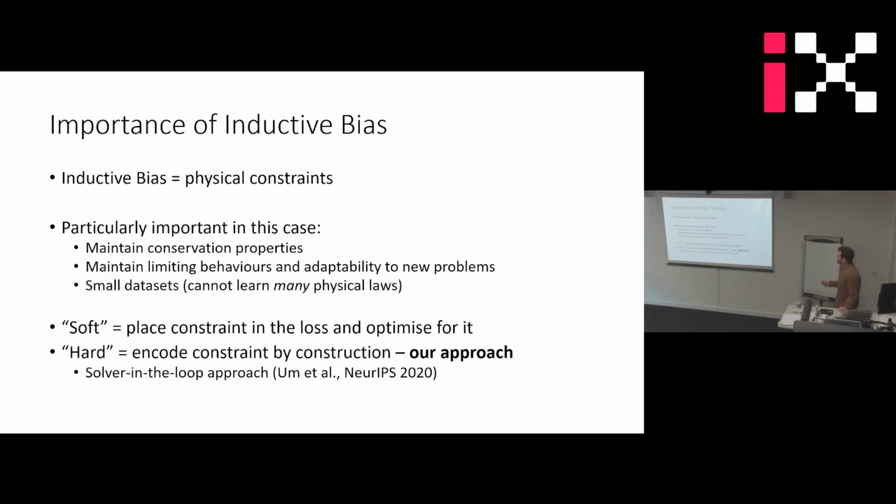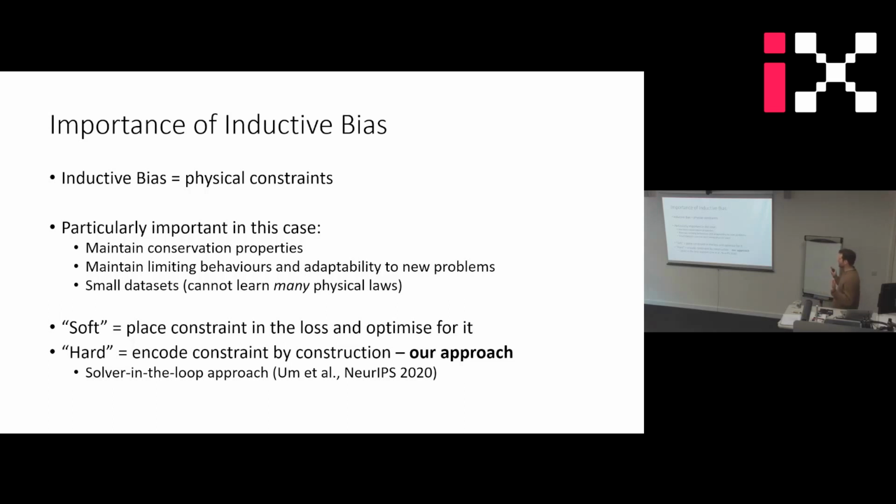If you include physical laws, you've got less to learn. So it's always useful, if possible, to include as many as you can. It's also nice if you include those physical laws, because it means that you can take your model and apply it to something that wasn't in the training data at all, and it's probably adaptable.